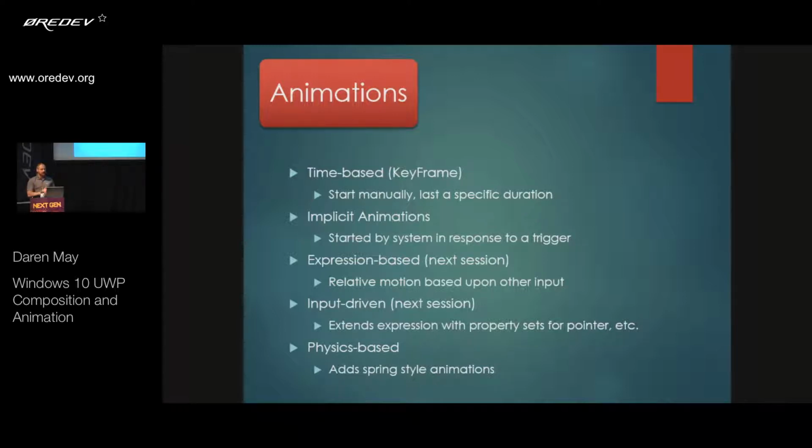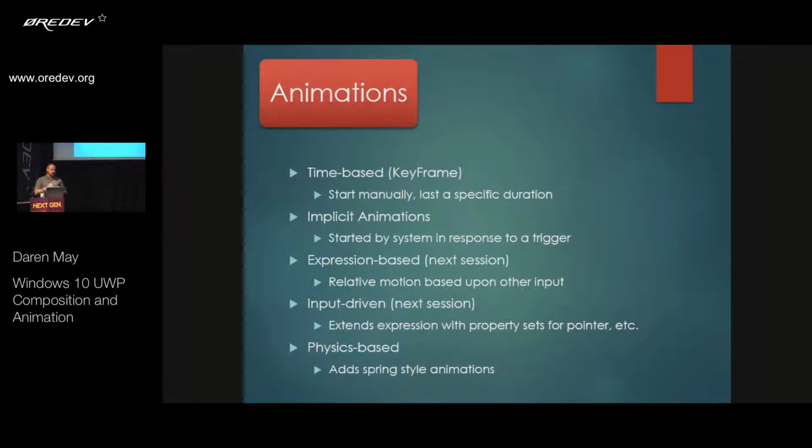We have time-based keyframe animations. Most people are familiar with those. You have a starting state, you have an end state, and in the timeline you might have intermediate states. The animation engine then interpolates between those points over a timeline to achieve your end result. You can also apply easing functions which say whether it's a linear interpolation or whether you have a ramp or whatever.